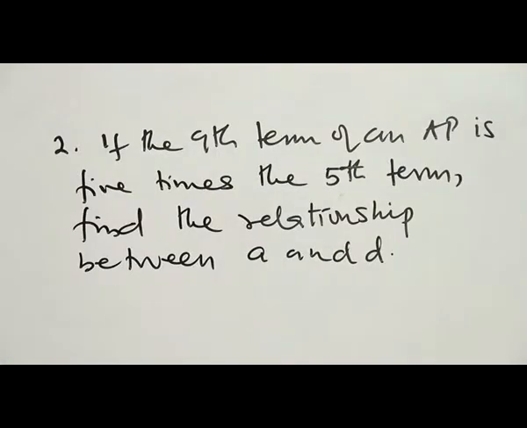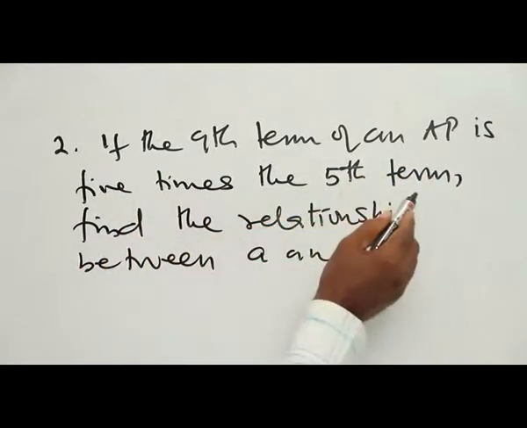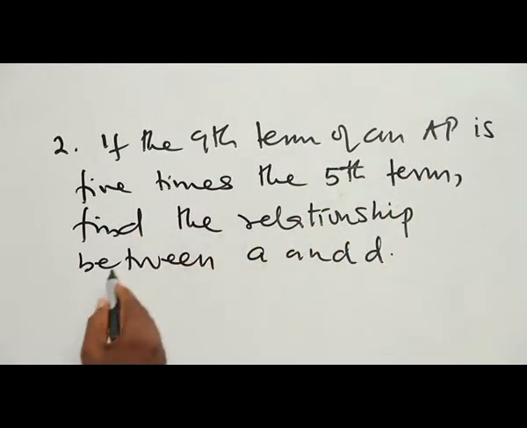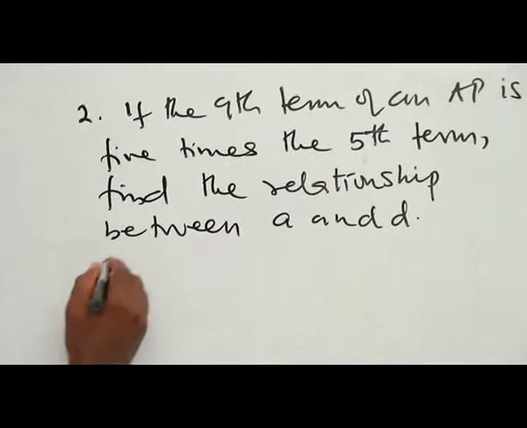Example 2. If the ninth term of an AP is 5 times the fifth term, find the relationship between A and D. Solution.